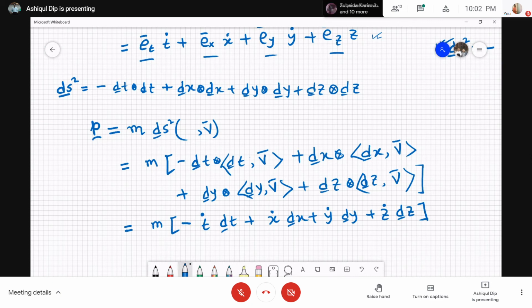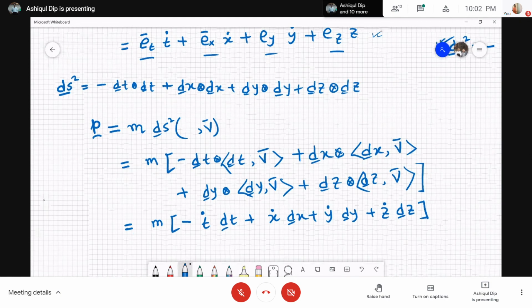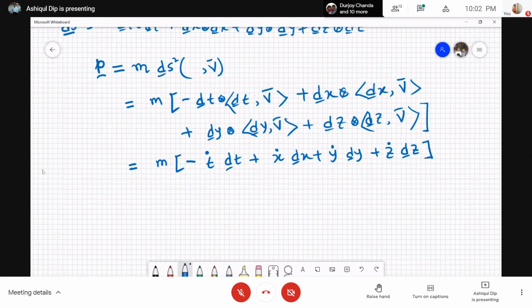So we extend our Newton's law in the same manner. We just take the derivative of dp with respect to d tau. That's how we define our force in 4 dimensions. So force is defined to be, we'll write it as curly F, which is a one form, and the relation is this thing. Take the derivative of momentum with respect to proper time.